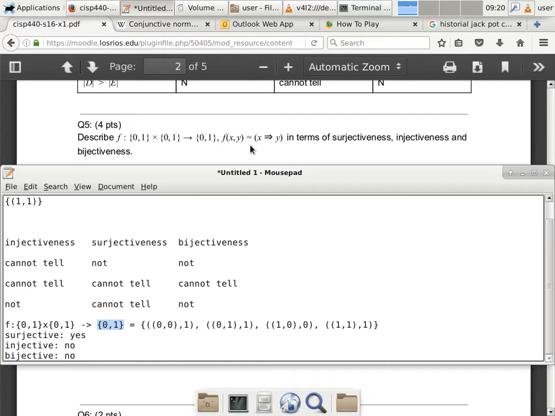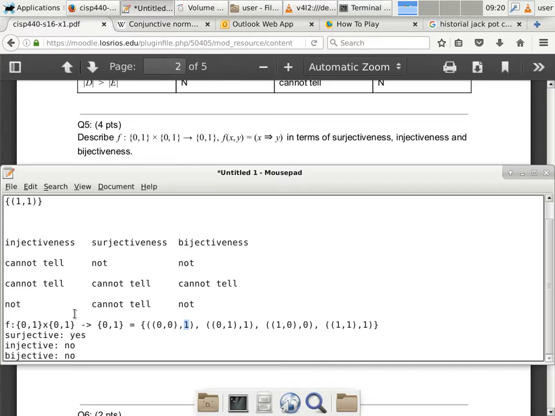Okay? So the tuples as elements, you're looking at both. This is coming from the domain, and this is coming from the codomain.